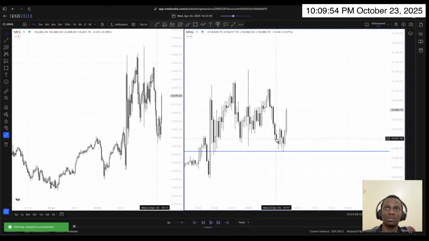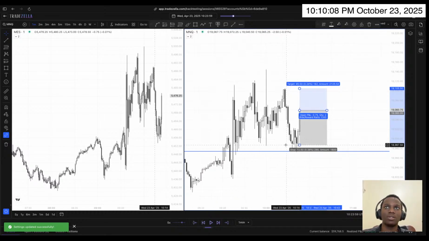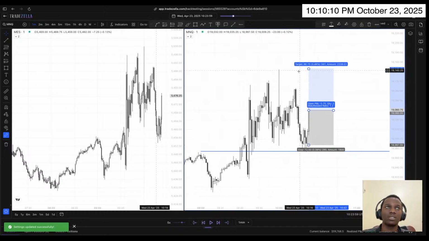Again has run this low, and there is a small gap here, 550, another one here. Now I would like to take a buy here, stop there, targeting data highs.